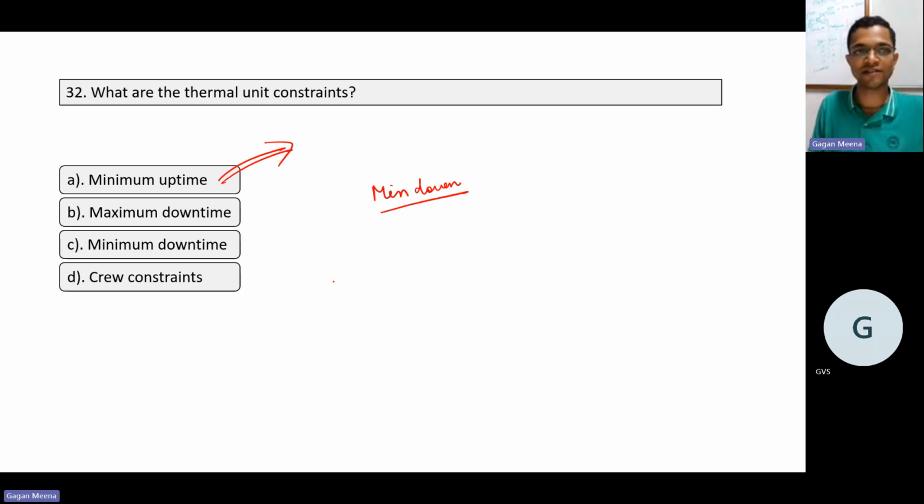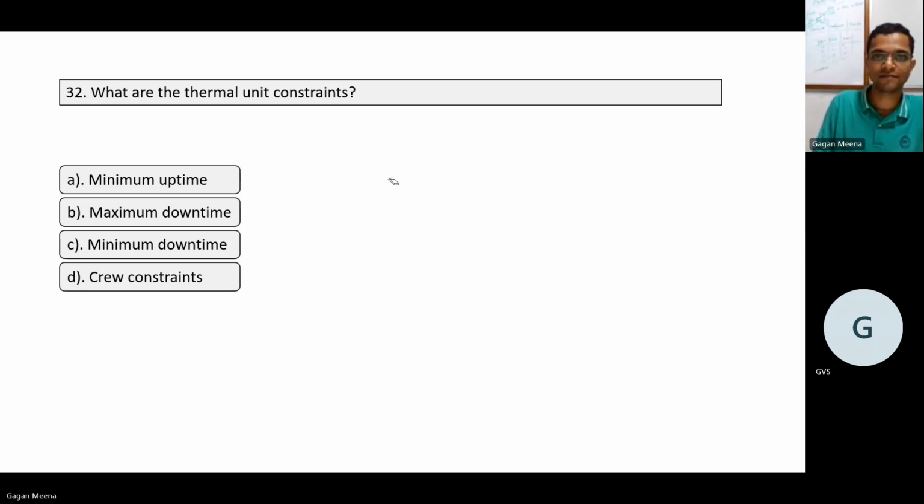There is a minimum downtime associated with that, because it requires the thermal energy to reach a particular point where it can start generating, overcome the losses and everything, and reach a stable value. For that, minimum downtime is also there. There is no maximum downtime, and there are crew constraints. These three are correct here.